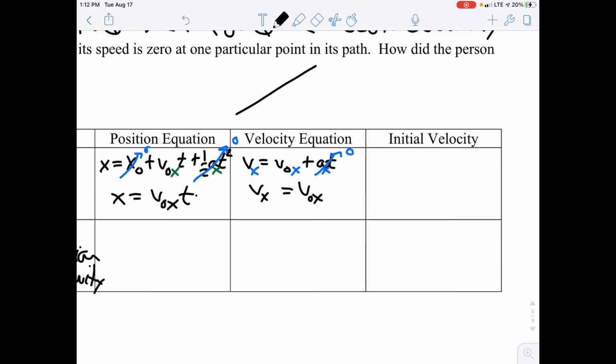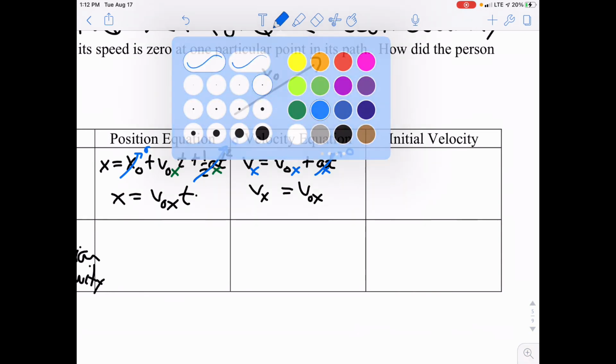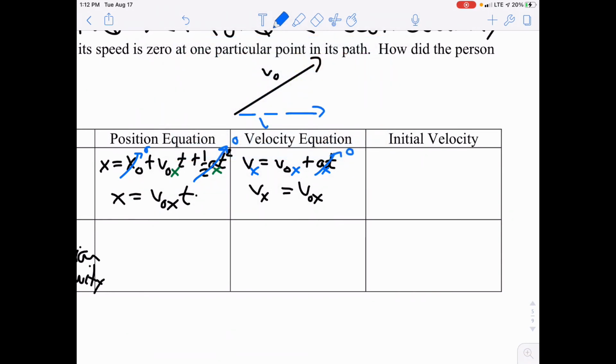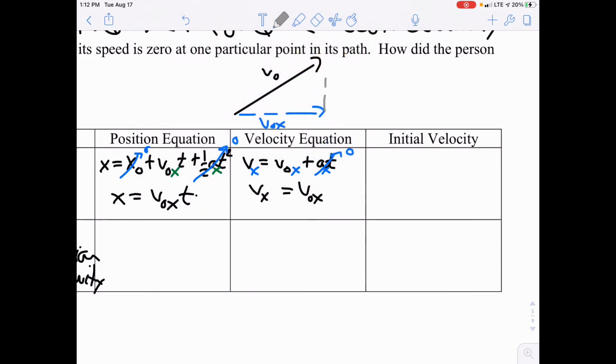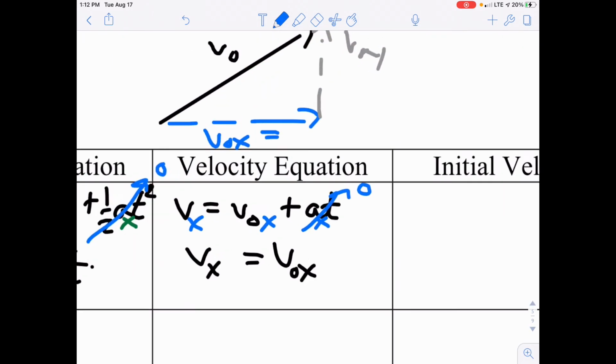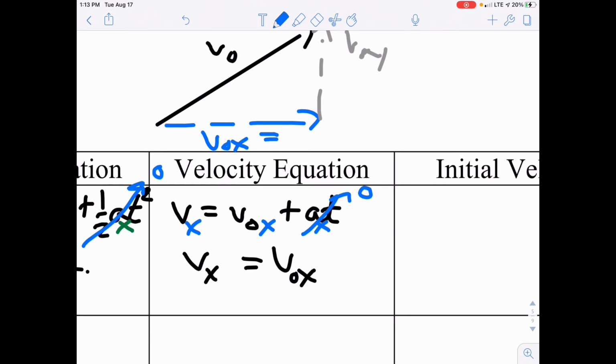And then lastly, that value of v naught x we talked about, we can get that if this is our v naught, this would be our v naught in the x direction, and this would be our v naught in the y direction. Since v naught x is the adjacent side of the triangle, adjacent always goes with cosine, so v naught x is going to be v naught cosine of my angle.